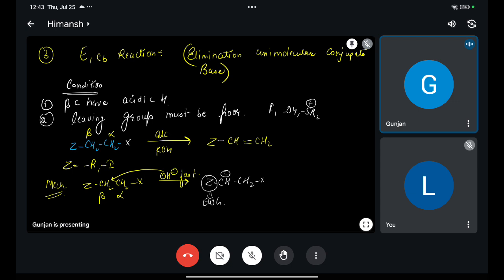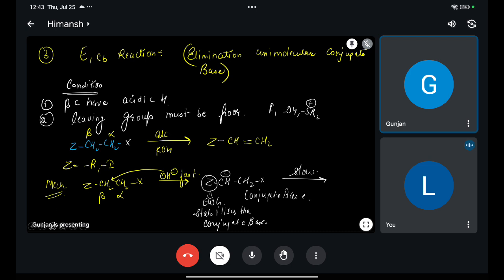So it stabilizes the conjugate base. This is the conjugate base. Whenever Z is a minus R or minus I group, it attracts electrons, so hydrogen has H plus character.